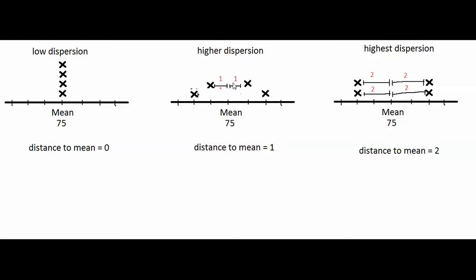But this person who got a 73 is actually 2 away from the mean, because they're 2 below the mean. And this person who got a 77 is 2 away from the mean also, because this person has a score that's 2 above the mean. So this person who got a 73 is 2 away from the mean. This person who got a 77 is 2 away from the mean.